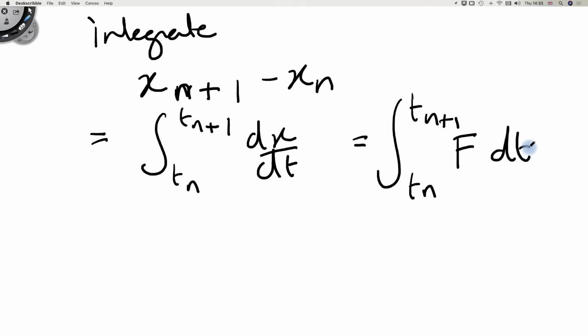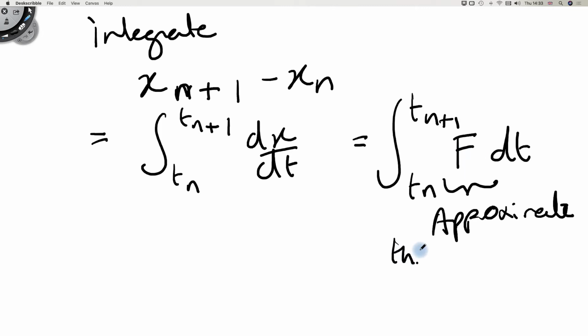I'm just going to drop the arguments in this case. So we approximate the contents of this integral. So what we're doing when we solve for x is integrating f. And the key to these Adams-Bashforth methods is, rather than Taylor's expansion, which is what we do in Runge-Kutta, we approximate this with a line.